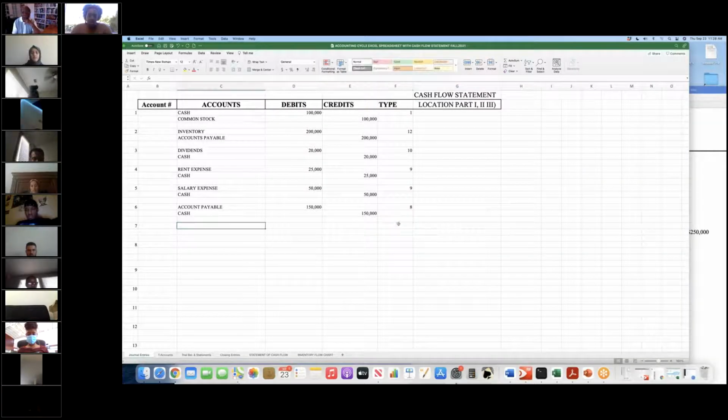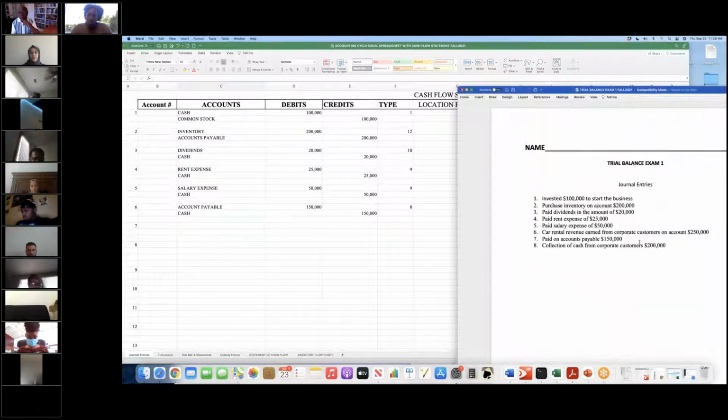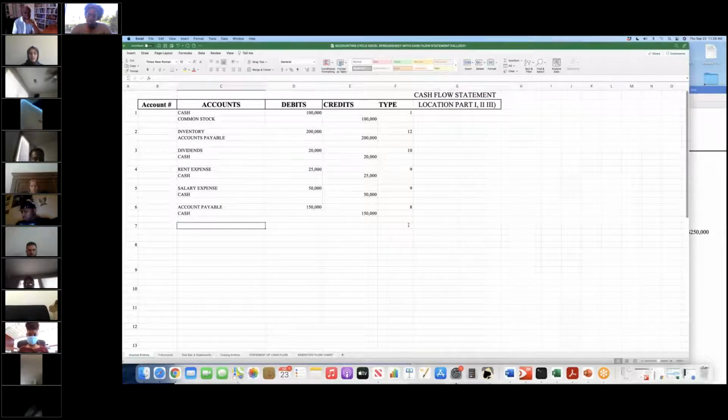I won't switch the numbers, but this is a type 15 when I skip. So we're debiting accounts receivable. And crediting sales.